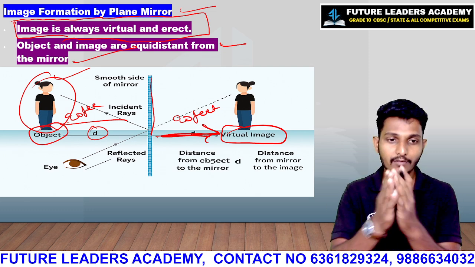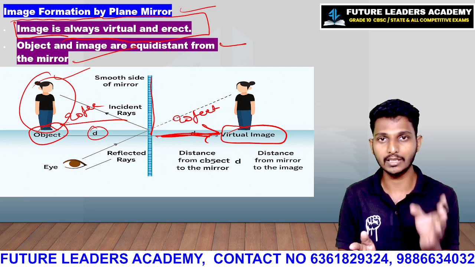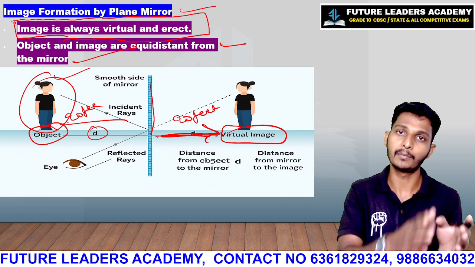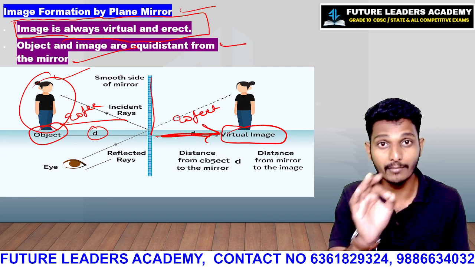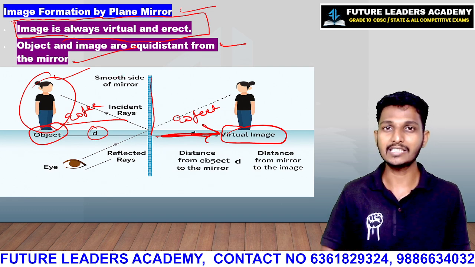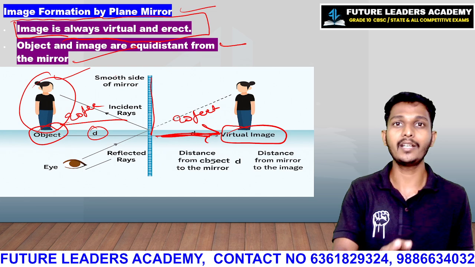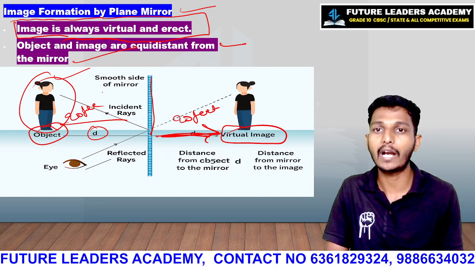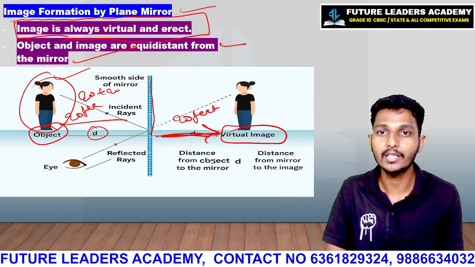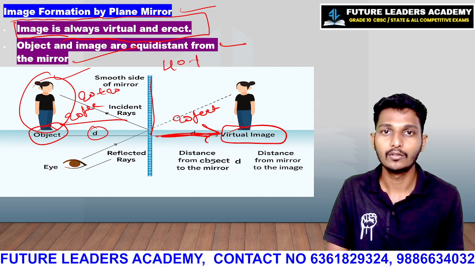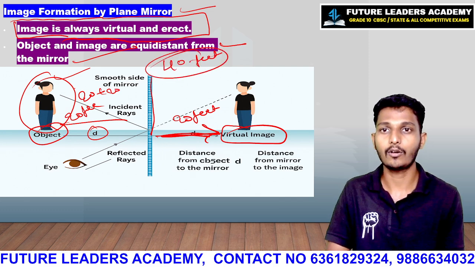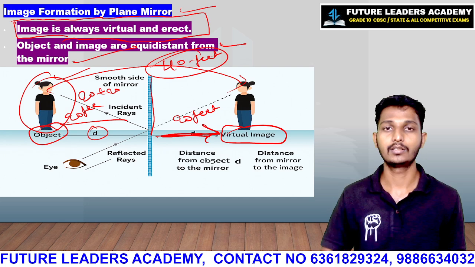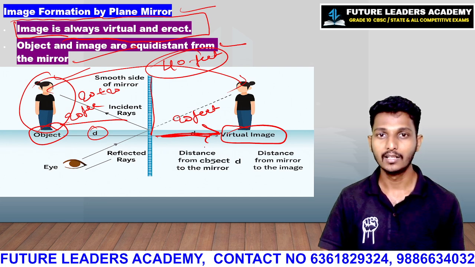Equidistance means the same distance from the object to the mirror and from the image to the mirror. So a question may come: what is the distance between object and image in a plane mirror? You have to add them. 20 plus 20, total 40 feet from object to image.